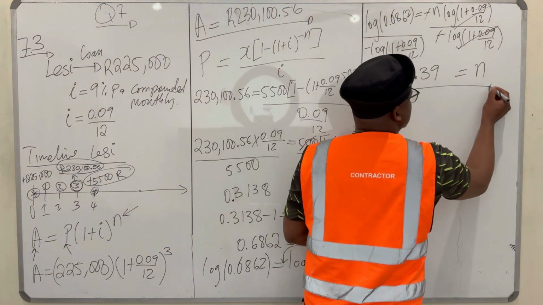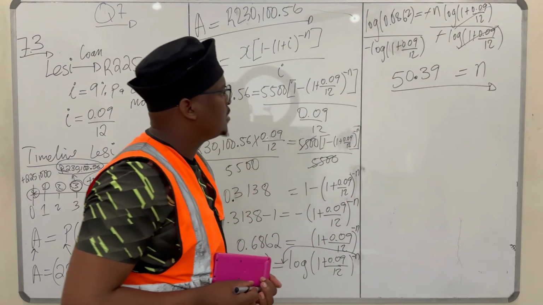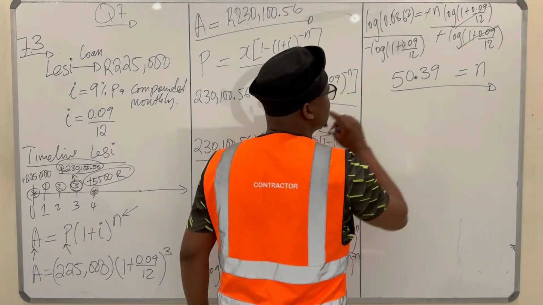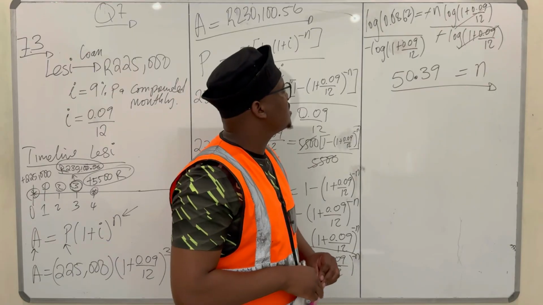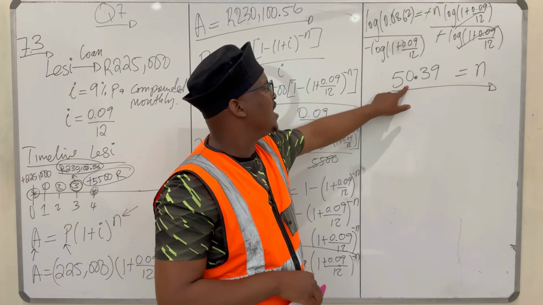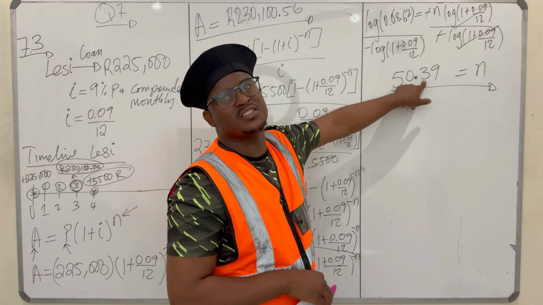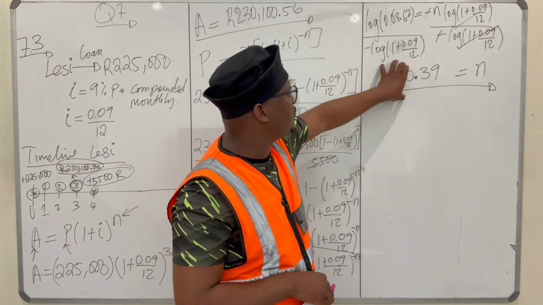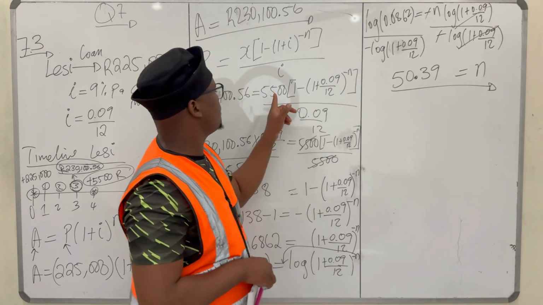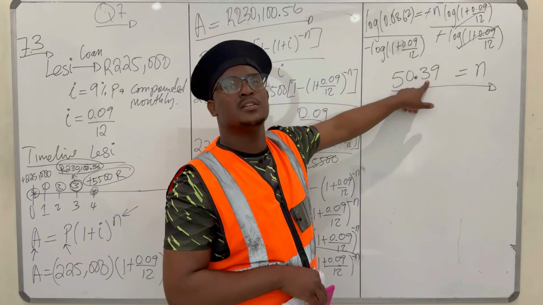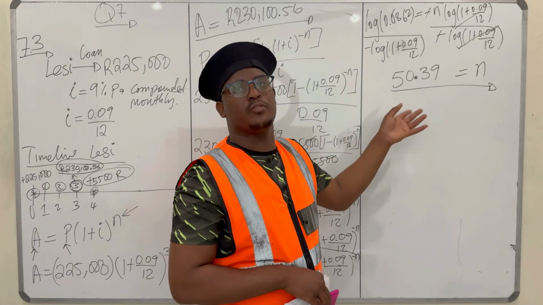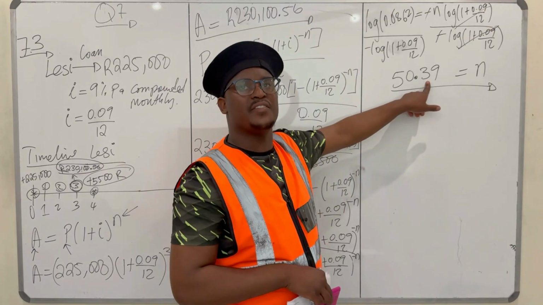The number of payments is 50.39. So you can see that you have a full 50 and 0.39. What that tells you is that this person will make 50 full payments of 5,500, which is the full amount that she was paying monthly, and a small bit of it. That's why it did not go up to a full 51. This is less than that 5,500.